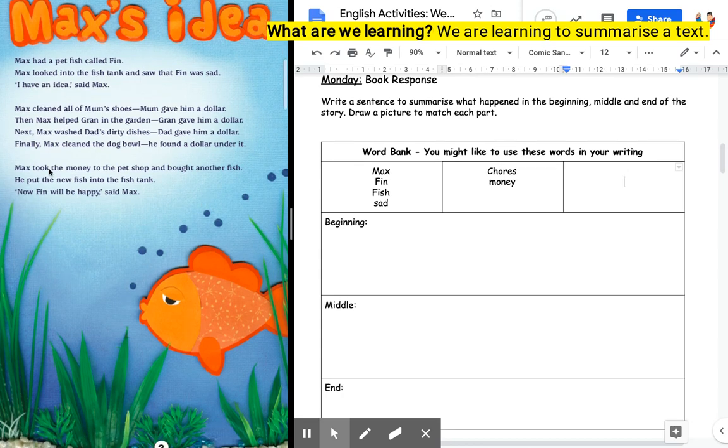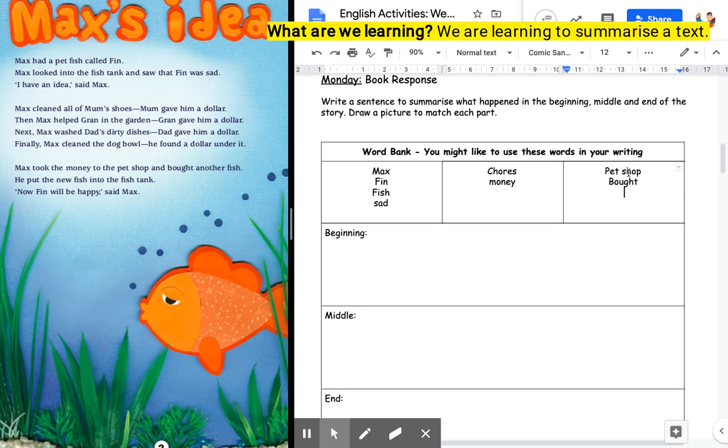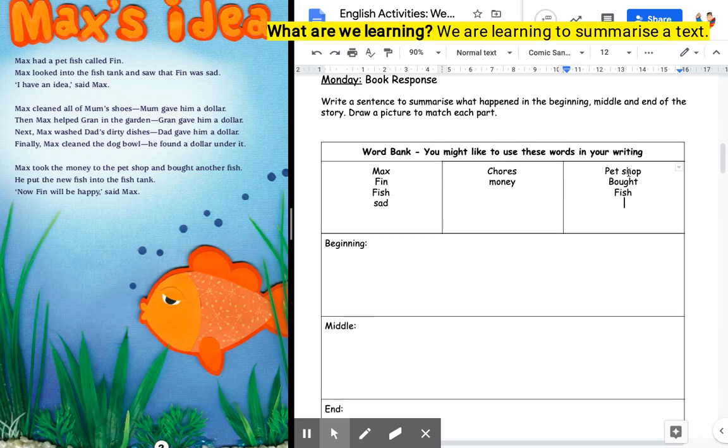Then let's look at the end of the story. We know that Max went to a pet shop and used the money he earned to buy another fish for his fish tank. So he went to the pet shop. He bought another fish.